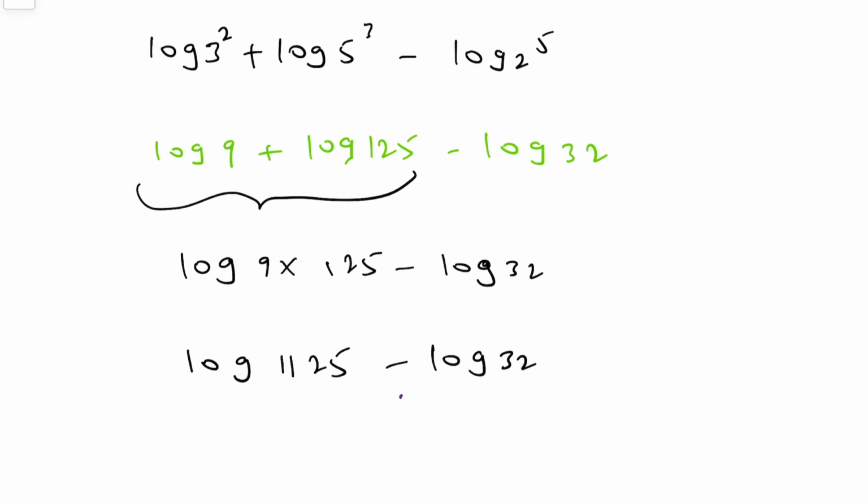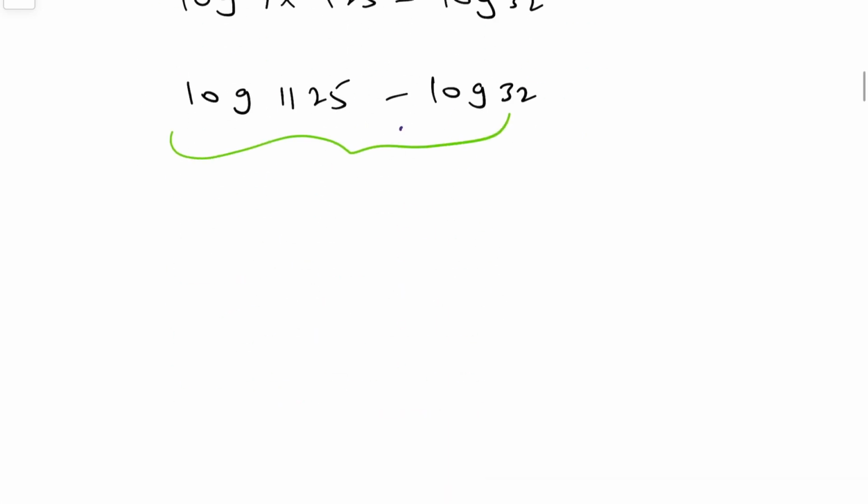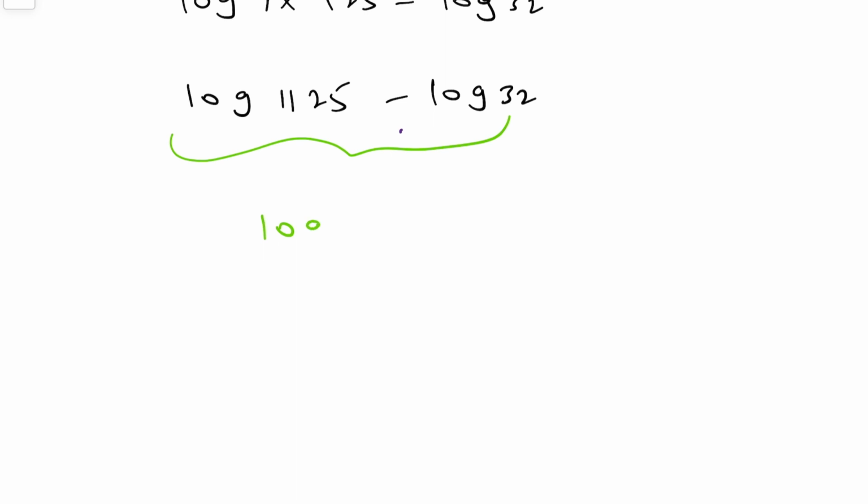Again, in logarithm, minus will become division. So log 1125 minus log 32 is log 1125 divided by 32.